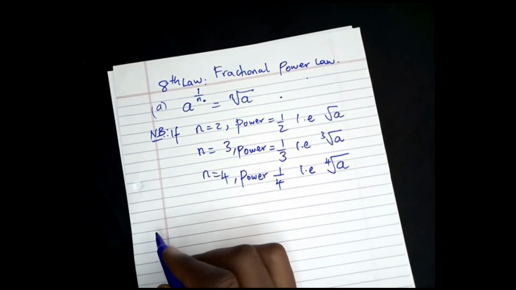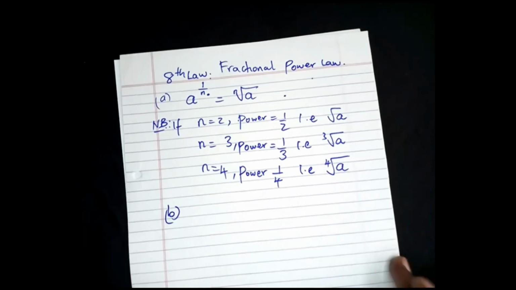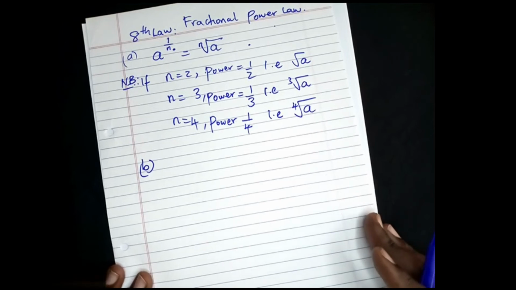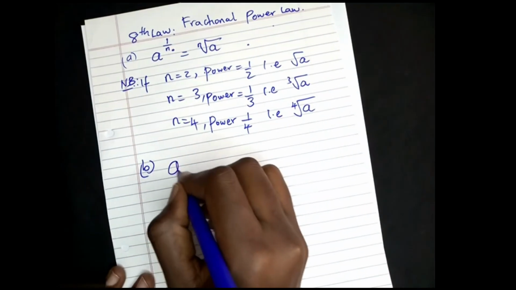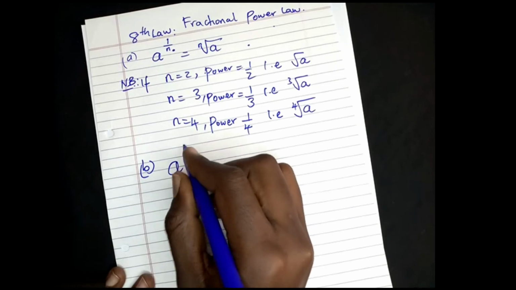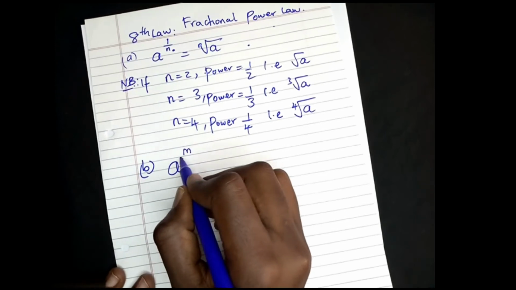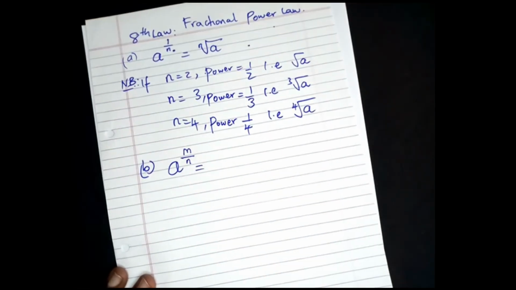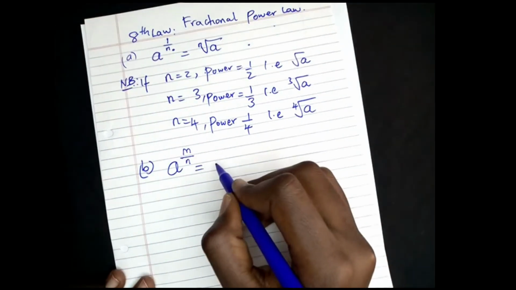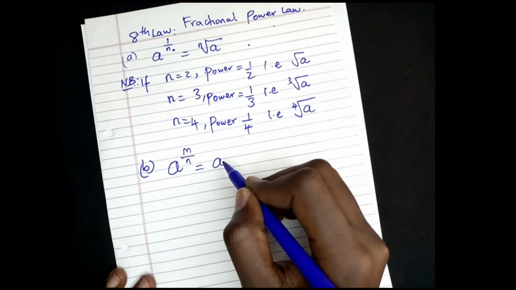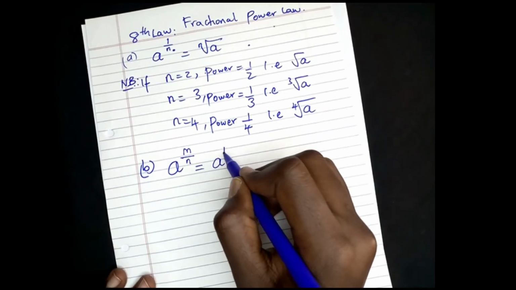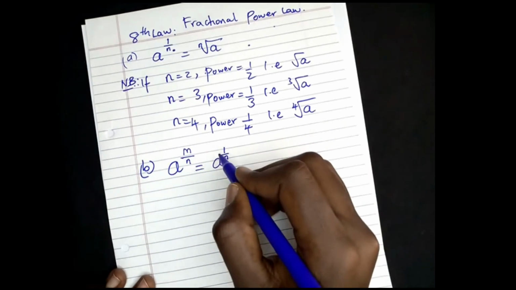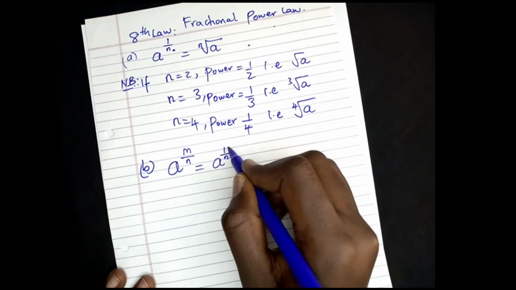The second part of this particular law: if a given number a has a power of m over n, we're saying it is equal to a to power 1 over n, and you can factor out the m outside as a power.